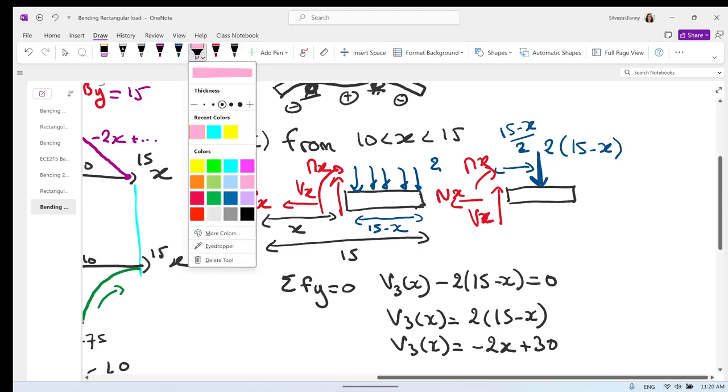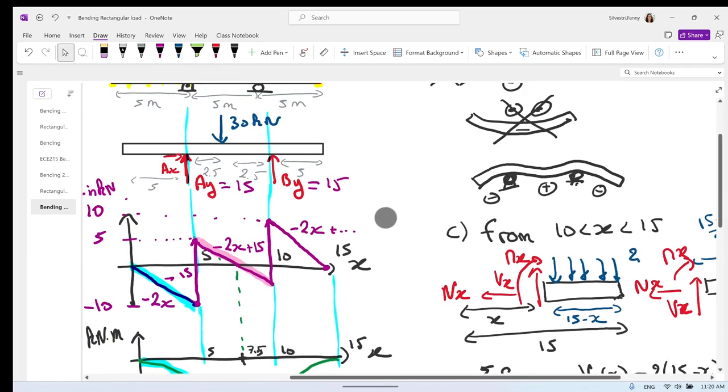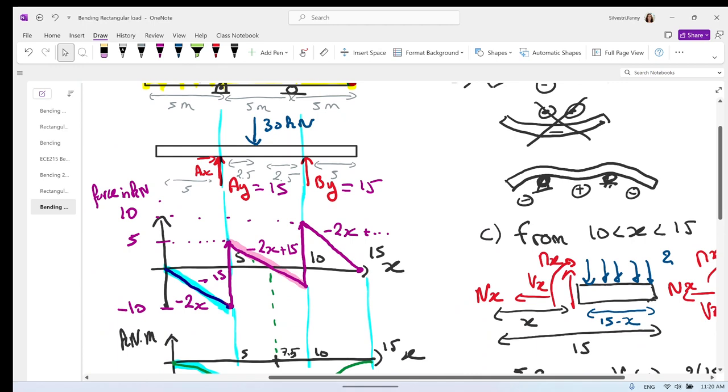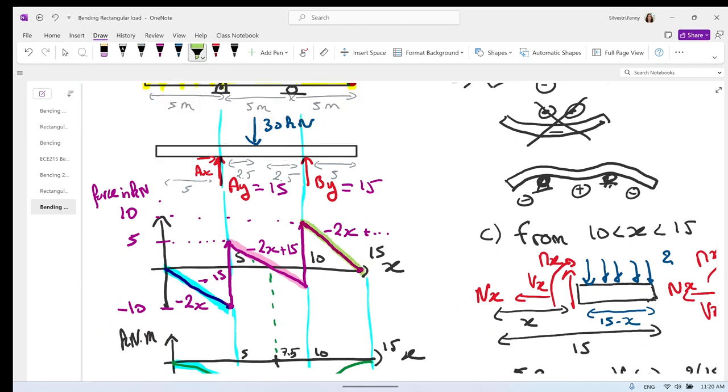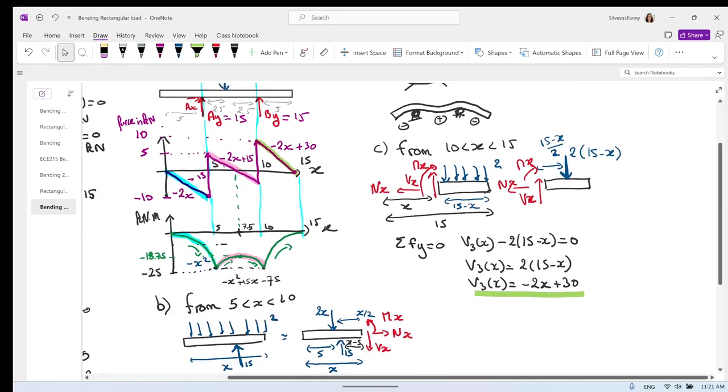Let me use a new color, let's do green. Minus 2x plus 30, this is this one. So now we found the equation there. Plus 30 makes sense, that is larger than the one in the middle. And the minus 2x, we are happy with that. That's the slope. The slope is the same because the distributed load is the same everywhere.